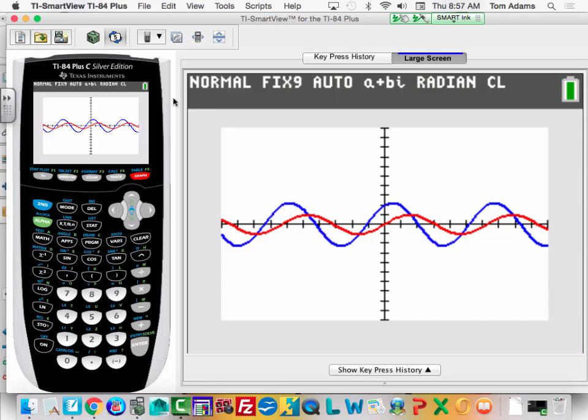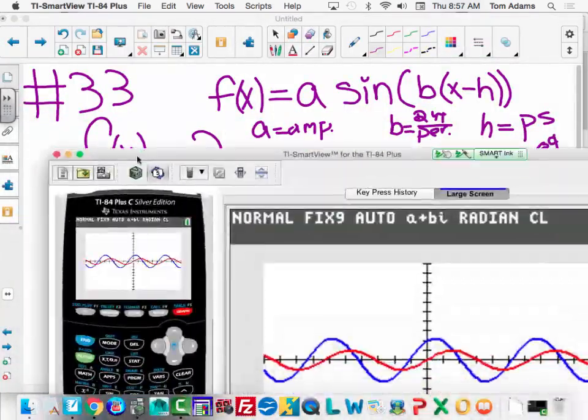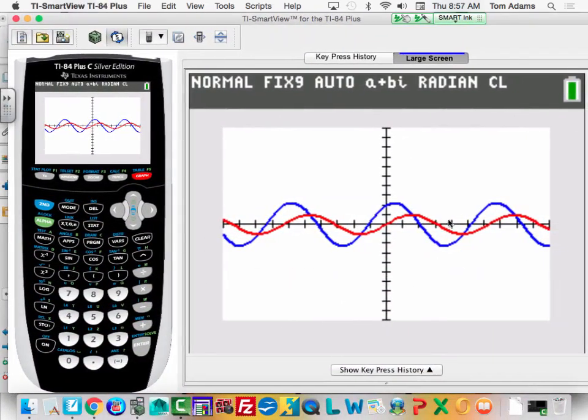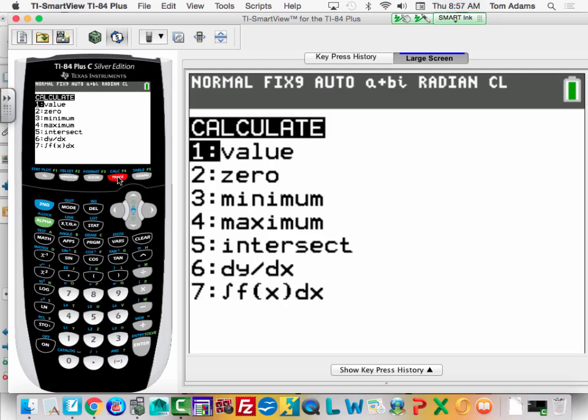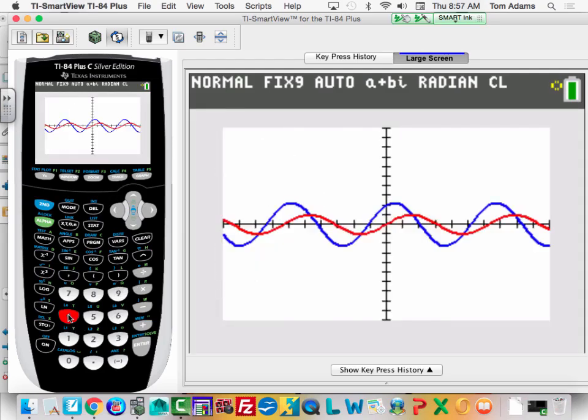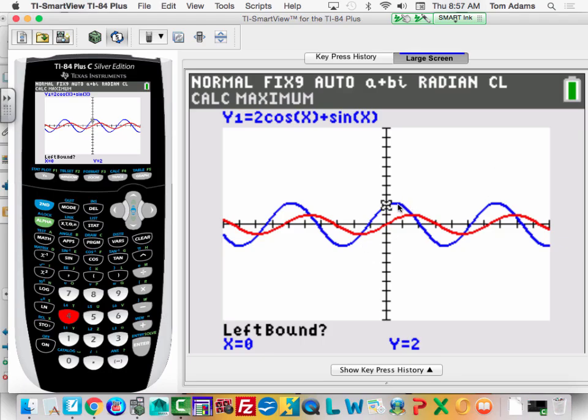The first step in that process is to find the amplitude, because A is the amplitude, right? So the amplitude is the max or min. I'm going to hit second trace, and find the maximum value of any one of these blue peaks.